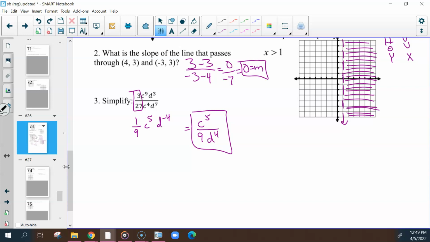So 9 and 4, these both have C, so you would subtract. These both have D, so you would subtract. Another exponent rule is if you have a negative exponent, you put that in the denominator, or flip it. So the final answer for that one would be C to the 5th over 9D to the 4th.